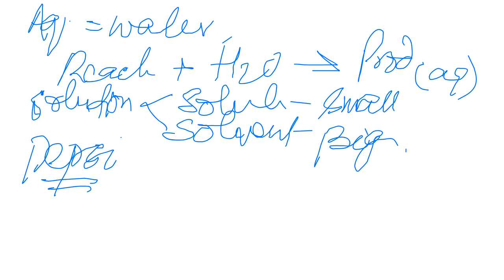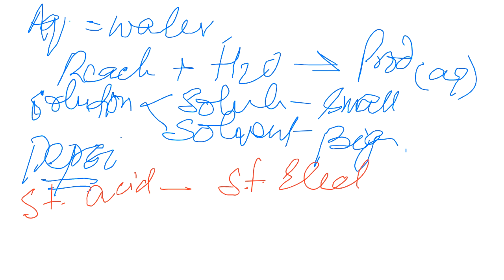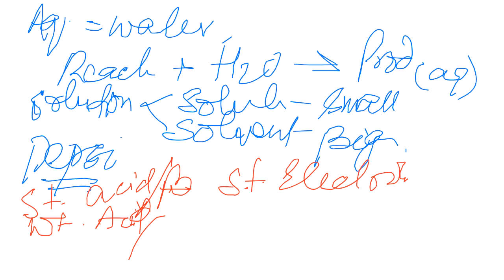All right. In this chapter now, strong electrolyte, weak electrolyte. You should know the examples. All strong acids are strong electrolytes. Weak acid or base, sorry, weak acids or bases are weak electrolytes.